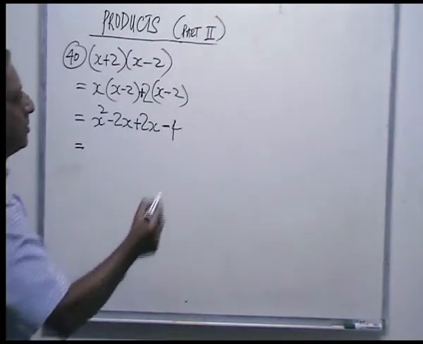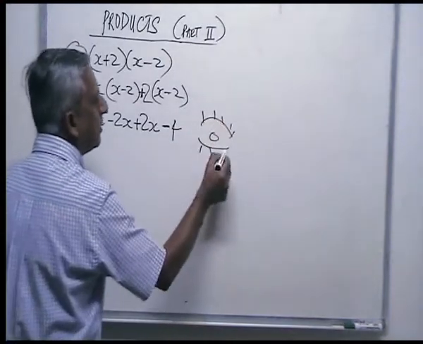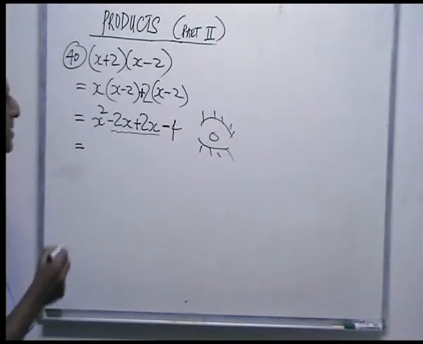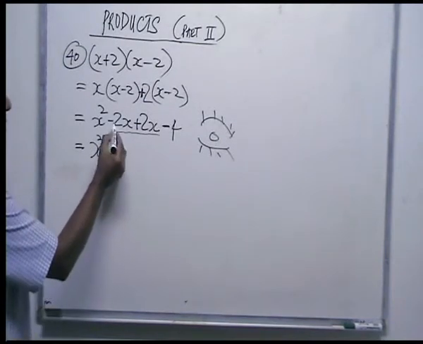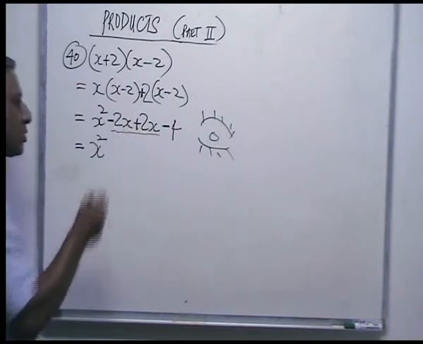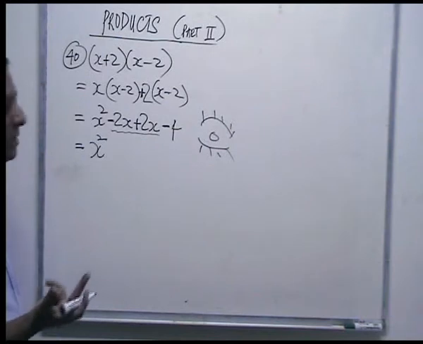Now, look nicely. In the middle you've got like terms, right? So there's your x squared. Now, minus 2x plus 2x will give you 0. So there will be nothing left in the middle, right?